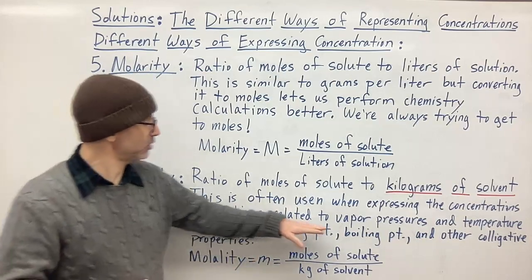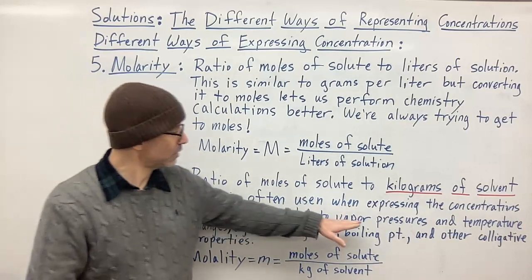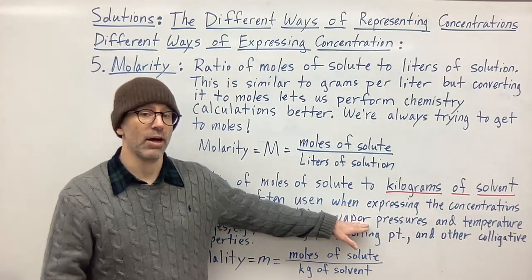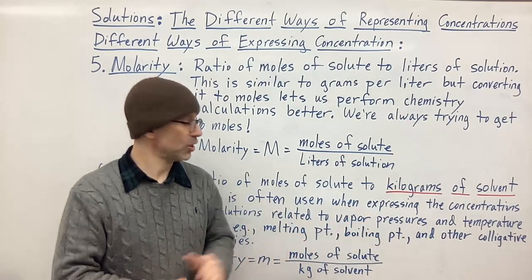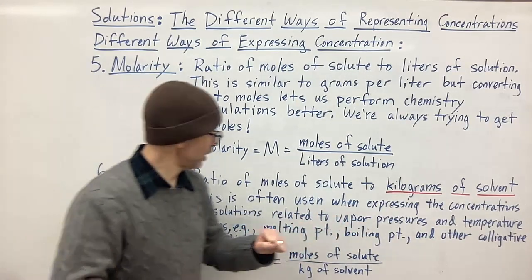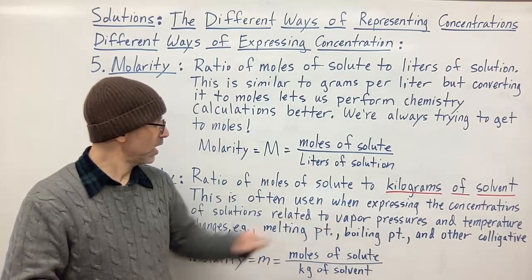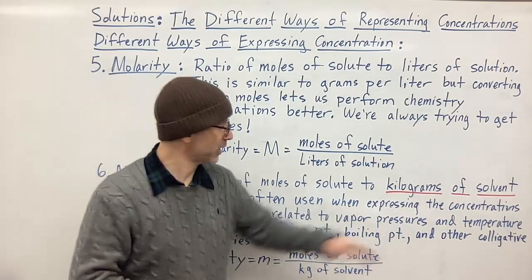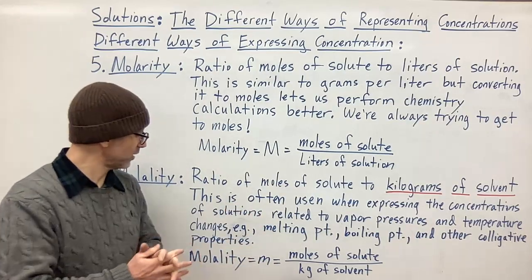So when you're trying to measure the concentrations of solutions related to vapor pressures, volumes can change depending on temperature. And so you want to avoid any type of changes in your solution with regard to measuring the vapor pressures and things like that.